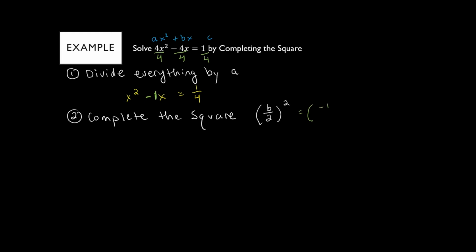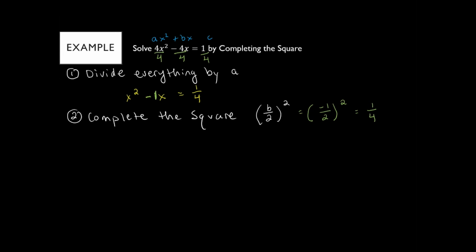So we're going to have negative 1 over 2 squared. Whenever you square a negative, you get a positive, and this is going to give us a positive 1/4. Make sure when you're squaring anything negative with exponents, you have to have parentheses around the negative number. Otherwise, your calculator is going to assume the negative is not part of the exponent, but it is.